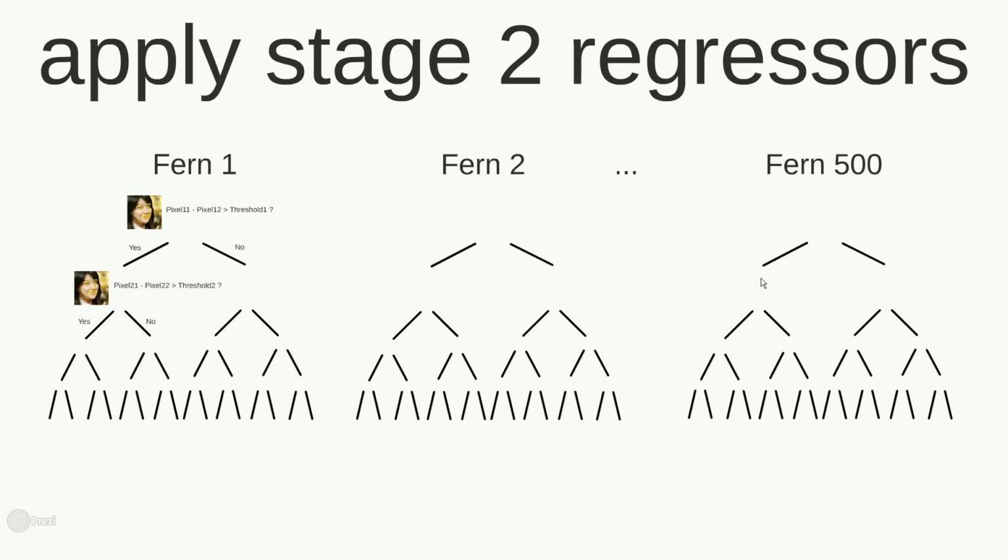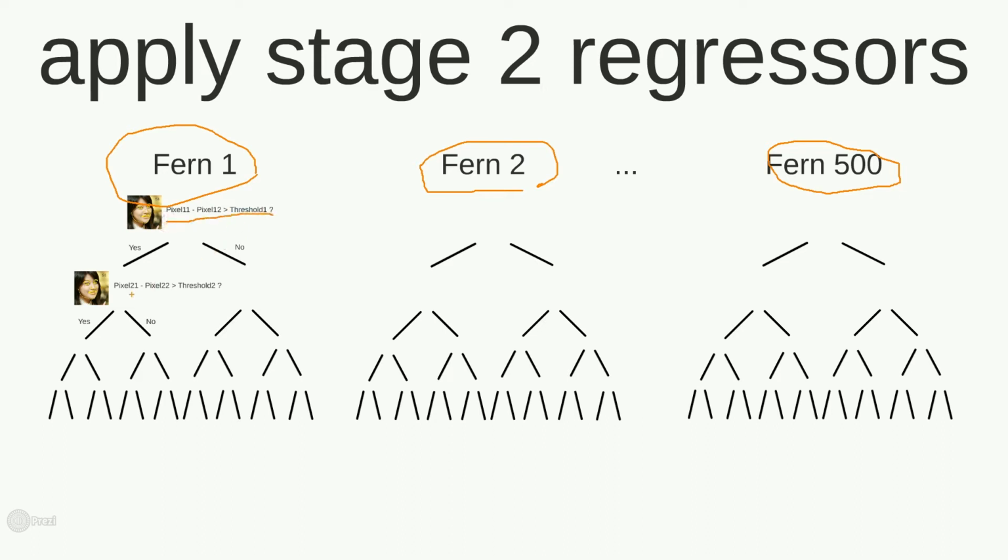All this information of the regressor is also stored in the prediction model. So for a regressor, it has a lot of ferns. It's composed of, say, 500 ferns. Fern 1, fern 2, all the way to fern 500. All these ferns, the structure are identical, but the parameters inside are different.